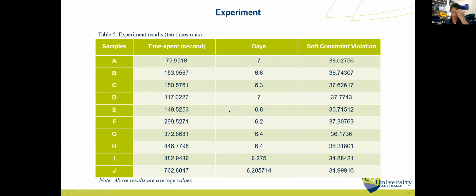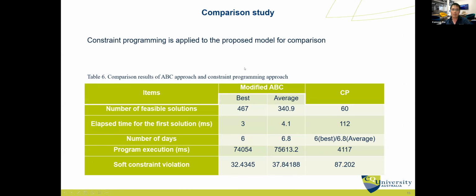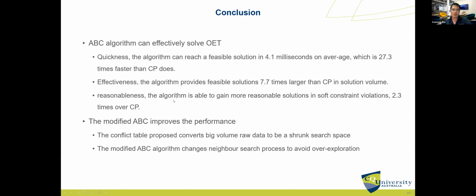I can show the result of this application. And I also compared my modified ABC algorithm to constraint programming, and the result shows that this ABC algorithm can solve the online educational timetabling problems, and it can provide a feasible solution very quickly, sometimes in 4.1 milliseconds.